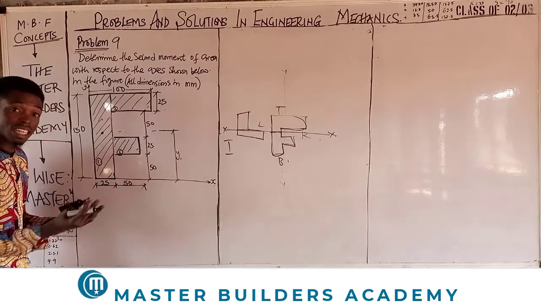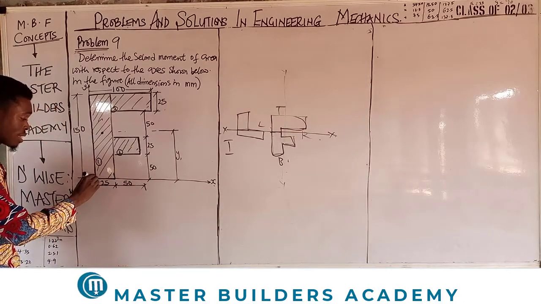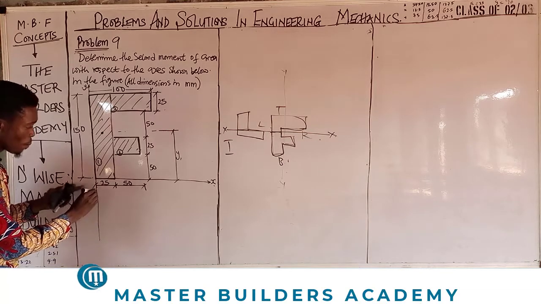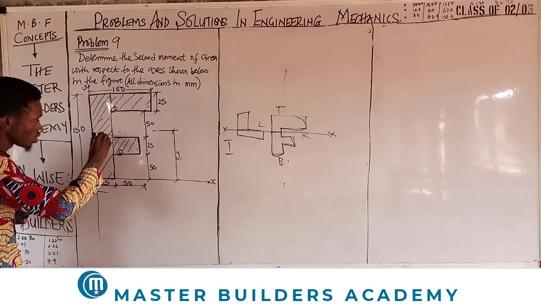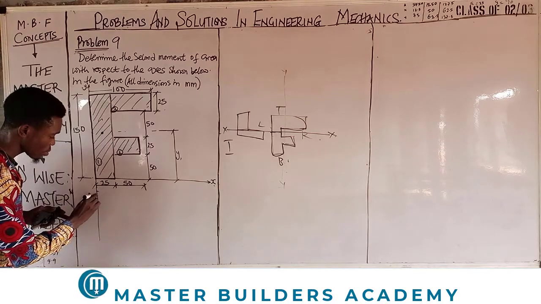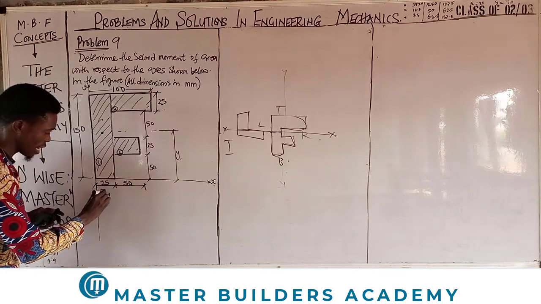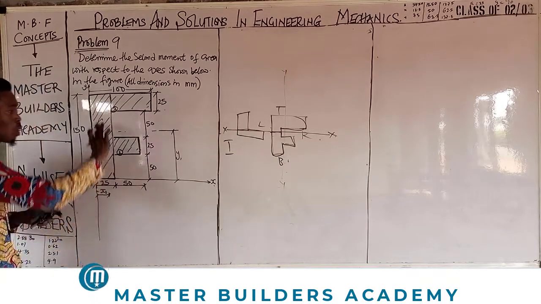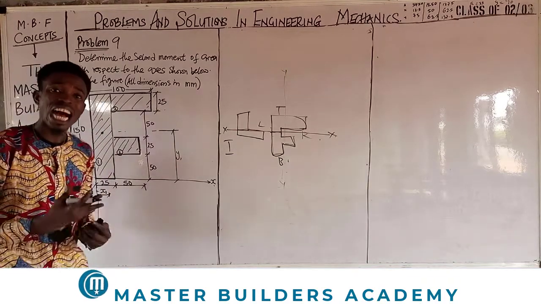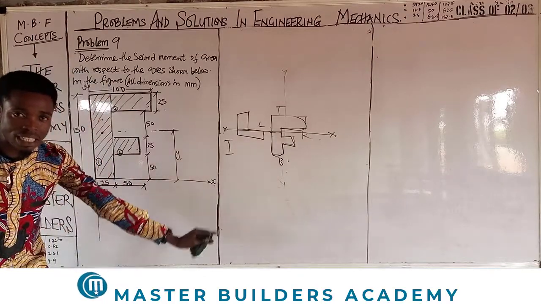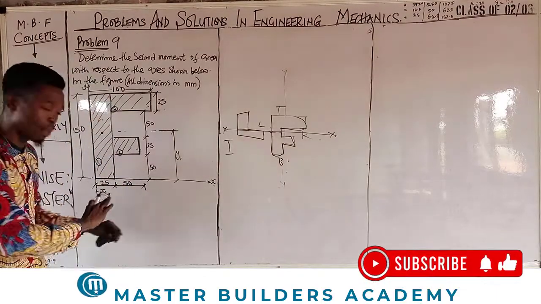The same way, being that this section is not symmetrical about any of the axes, this is your reference line in this direction. So from here to this center becomes the value of x1. Remember, anything you obtain from section 1 will take subscript 1. I have finished all I need to do about section 1.